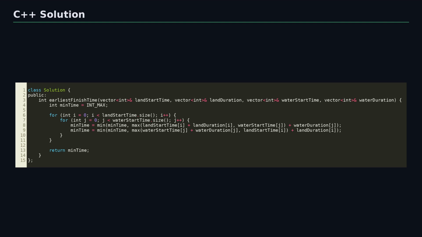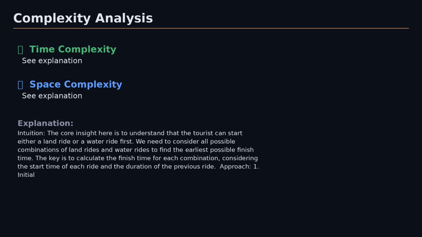We add the duration of the water ride to this time, and update the minimum finish time if necessary. We do the same thing assuming the water ride is started first by using the max function. We ensure that we're considering the correct start time for each ride.